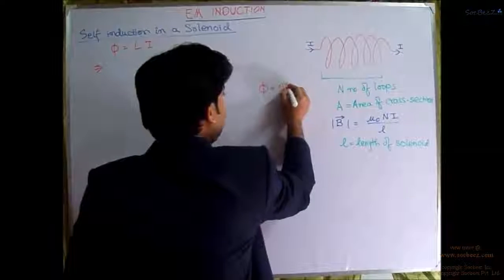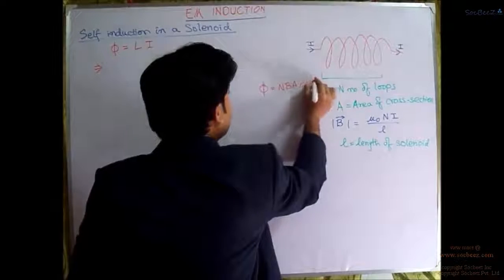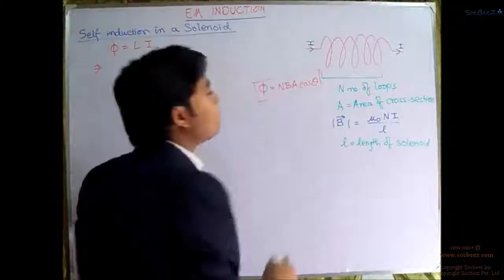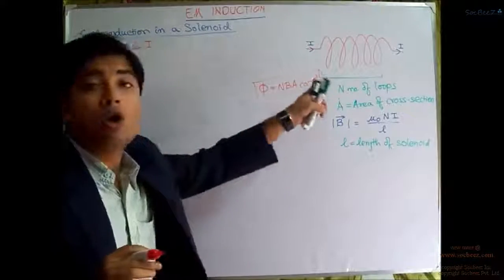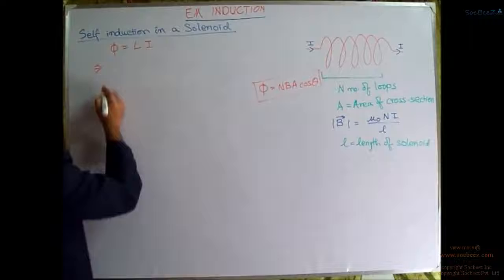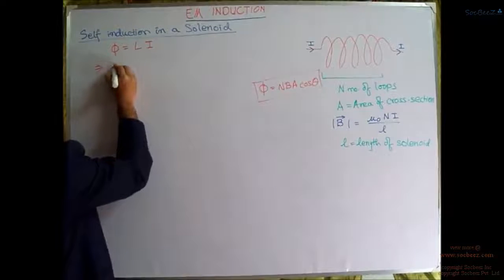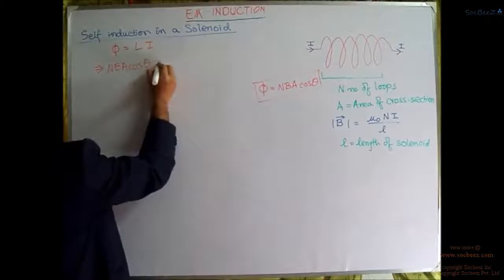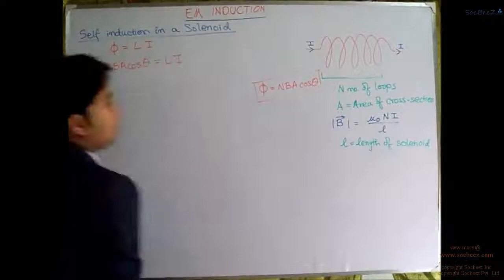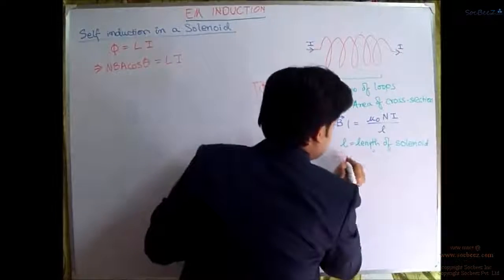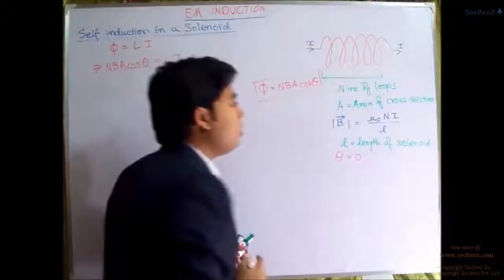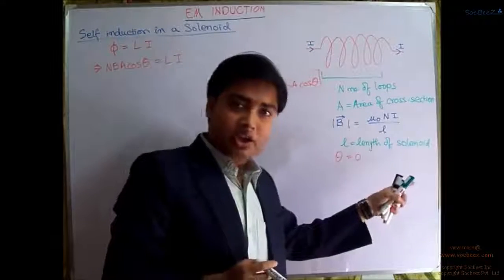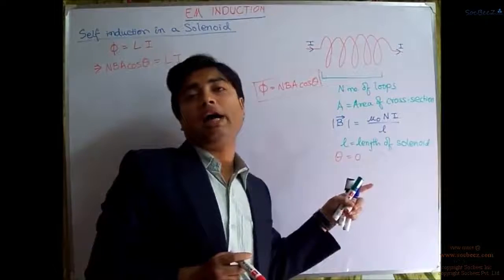So we can write this phi as N B A cos theta directly, as now we have known that phi equals N B A cos theta, where it has N number of loops, N number of turns. So it will be N B A cos theta equals L i. Now the theta in this scenario will be equal to 0, because, as we have seen earlier, the B and the A vector both lie in the same line.